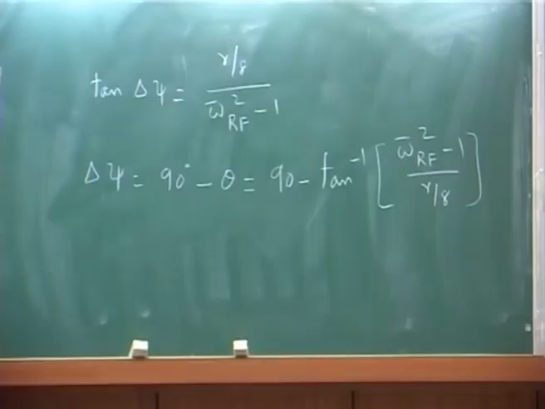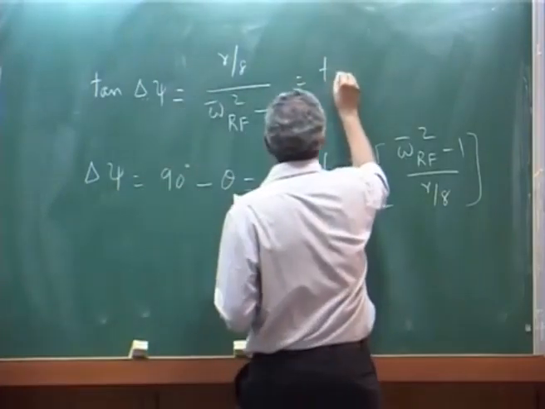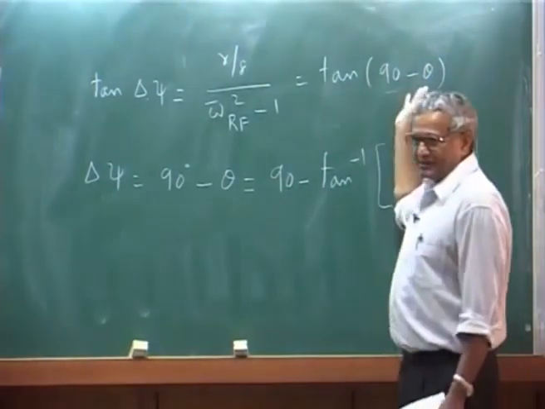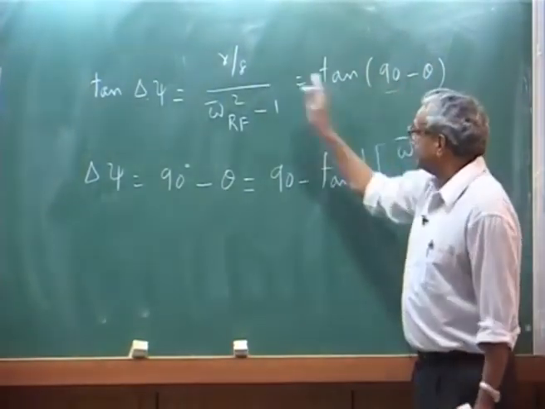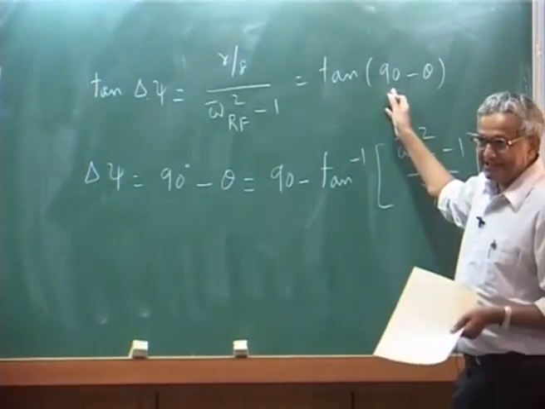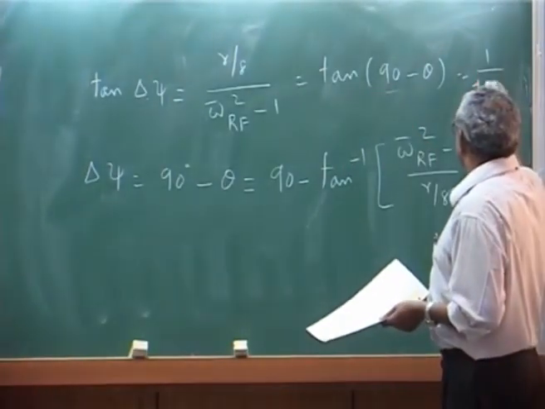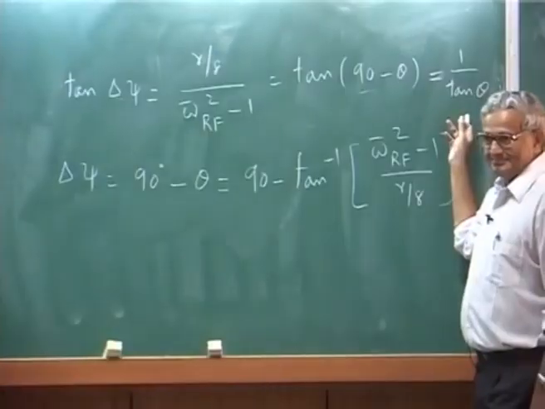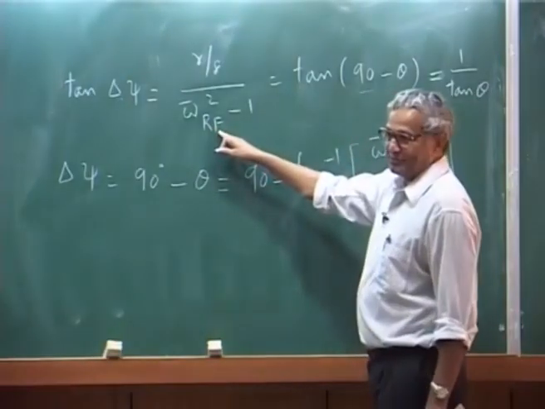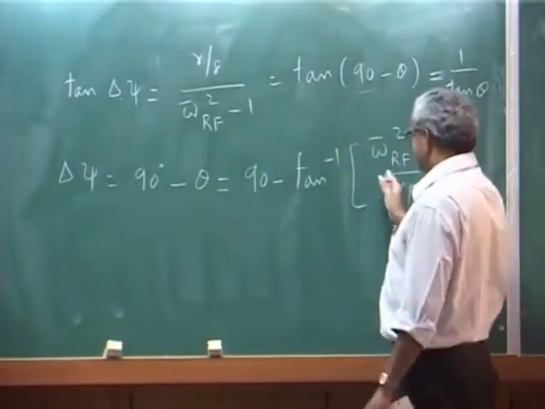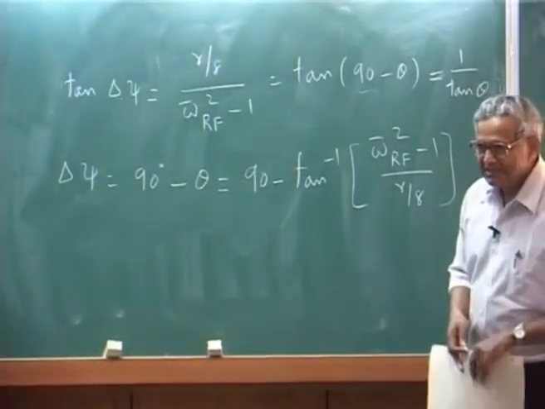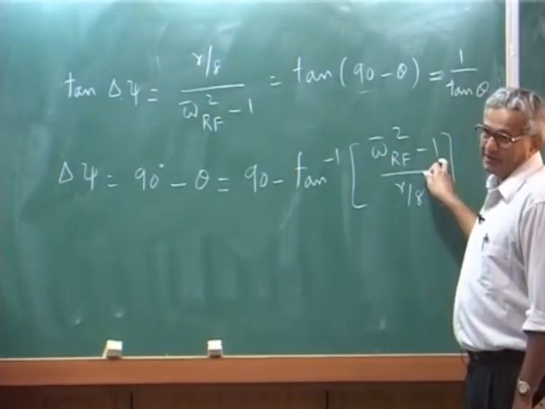That way that ratio gets changed, because you can write this itself as tan 90 minus theta, just, okay. Then you know this will be 1 over tan theta, okay, right. That means tan theta is omega bar RF square minus 1 over gamma 8. So, that is how you just because normally you write the phase is 90 degree when this is 1.